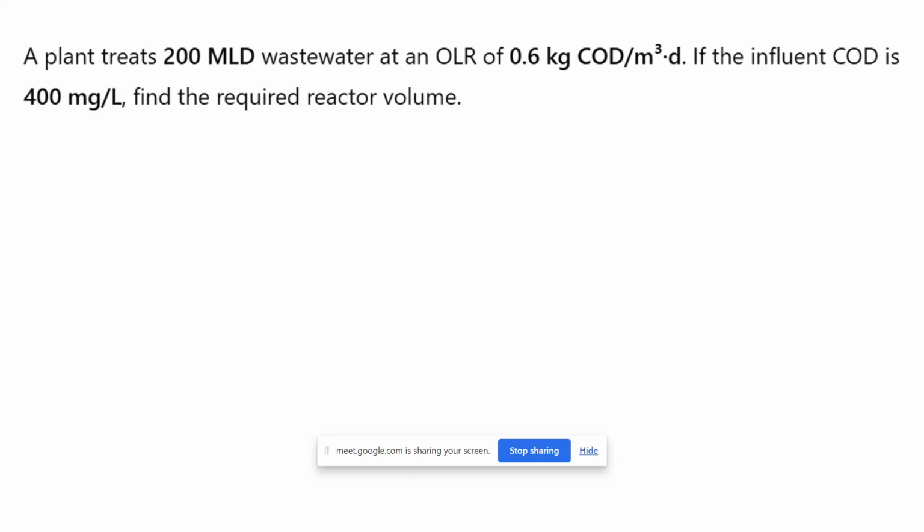Did you guys complete it? Yes, ma'am. What is the volume? I think it's too big an amount, a big volume. 153 meter cubes, right? 133.3. Can you please type the answer?